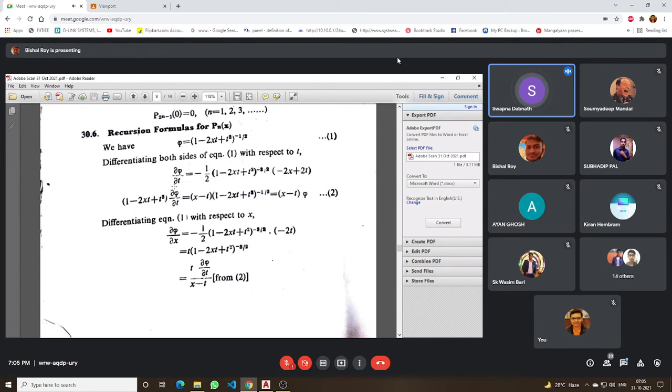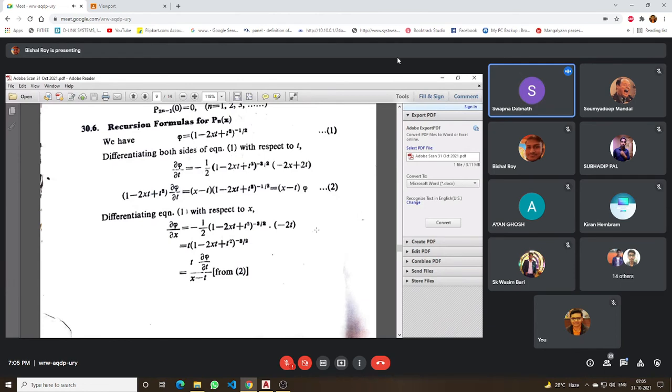We simplify that: (1 minus 2xt plus t squared) del phi del t is equal to (x minus t) times (1 minus 2xt plus t squared) to the power minus half, that is equal to (x minus t) phi.